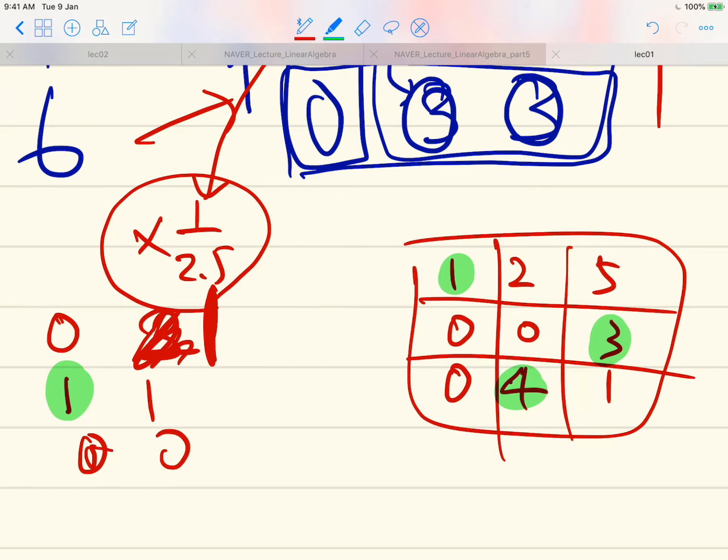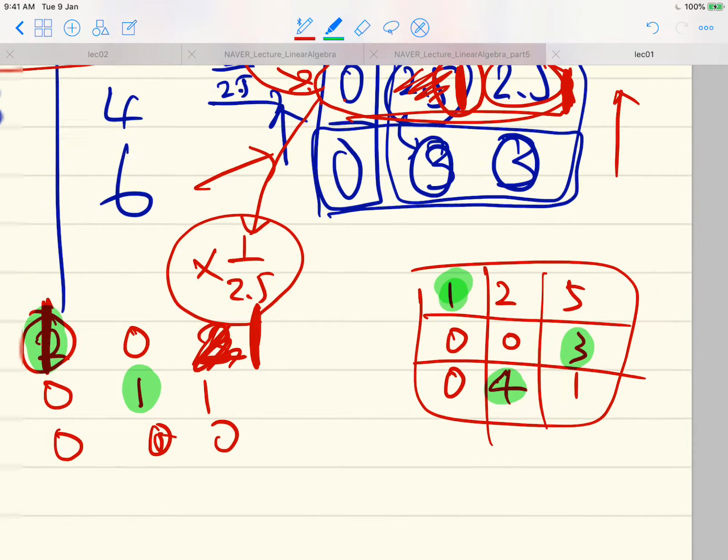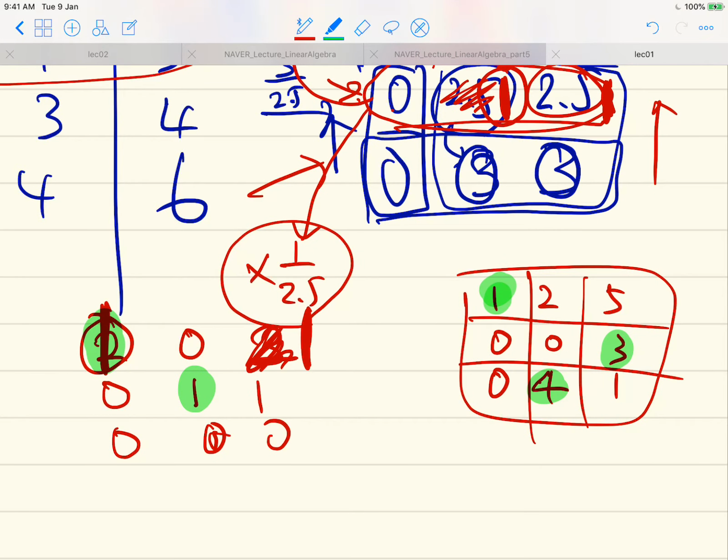Once we obtain the Gaussian elimination result, we consider the leading entry, which is the first appearing non-zero term in every row, right? So those leading entries are called pivots. Okay, pivot. So again, you first make the Gaussian elimination result, and then you find the leading entries from that matrix. Those are called the pivots. Okay.